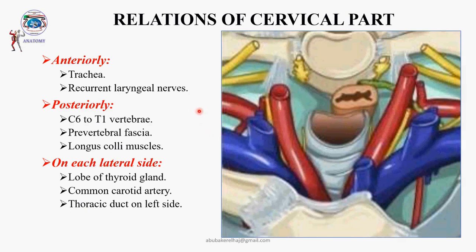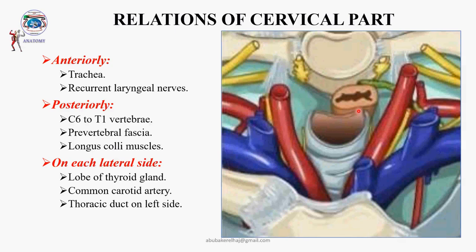Anteriorly, the anterior relations are to the trachea, as you see here, and also to the recurrent laryngeal nerve, which is most important, on both sides between the trachea and esophagus. Posteriorly it is related to the vertebrae from C6 to T1. We also have the dead space formed by the prevertebral fascia and the longus colli, which supports the bodies of the vertebrae, so posteriorly it is in direct contact with the vertebral column.